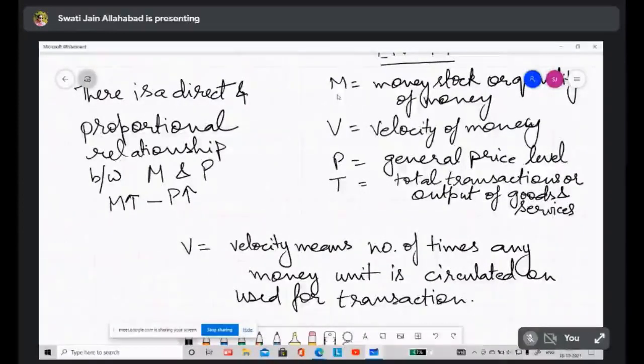So what changes is only money. Okay, and as money changes, it changes the price level. So price level depends on the money stock or the quantity of money. So quantity of money decides the price level. That is the idea here. Price level depends on the quantity of money in the classical system.